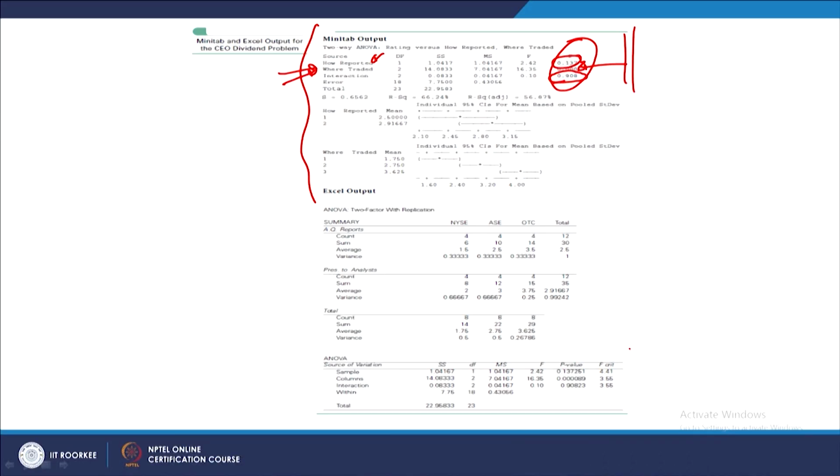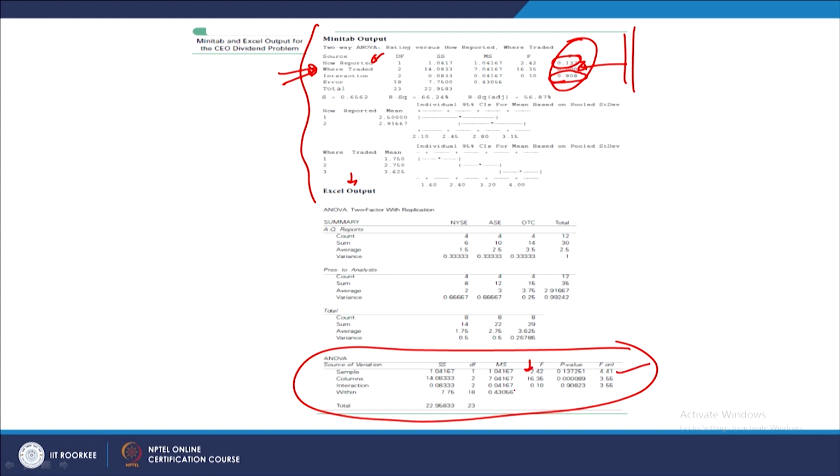This is again output from Excel. You can see here F critical is this and F observed is this, right. So, this is how you would be drawing your distribution. F critical is 4.41 and your F observed is, let us say, 2.42.